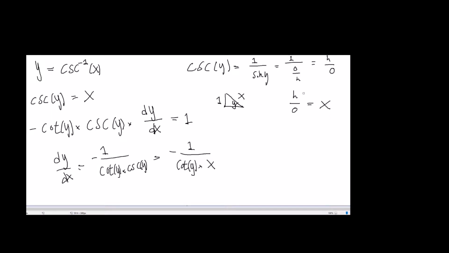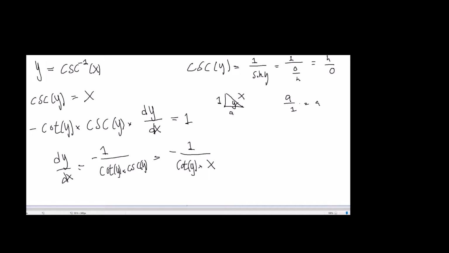Well, what is cotangent of y? Well, that's just the adjacent side over the opposite side, which is 1. So this is equal to the adjacent side.